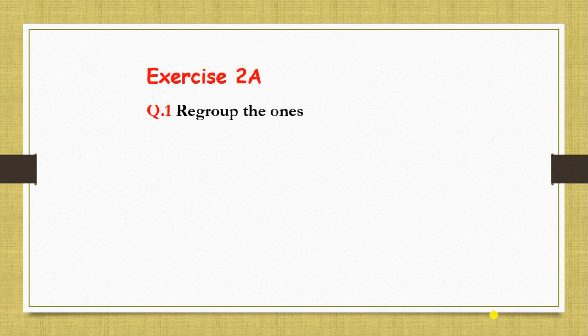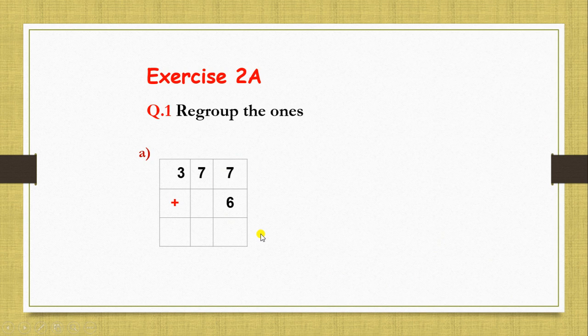Let's solve some examples from Exercise 2.1. Exercise 2a. Question number 1. Regroup the ones. In that, A, 377 plus 6. So in this we will add the ones place at first.